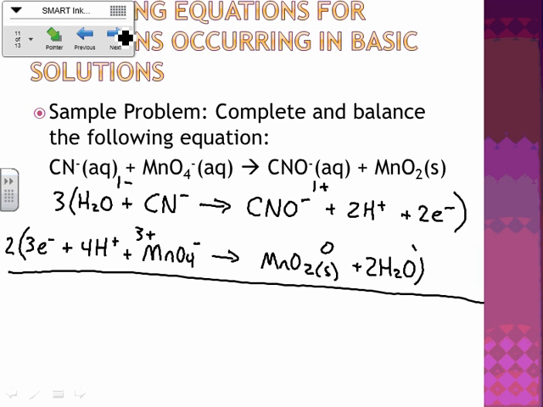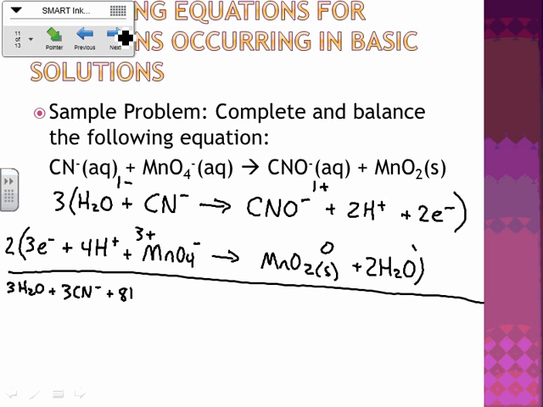So 3H2O. I'm going to write really small. 3H2O plus 3CN minus plus, and we can leave out the electrons, because we've got 6 in both reactions here. They're going to cancel out anyway.